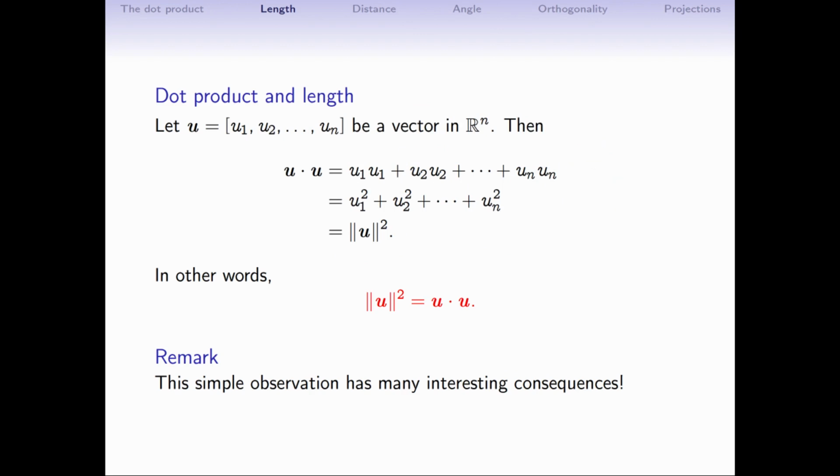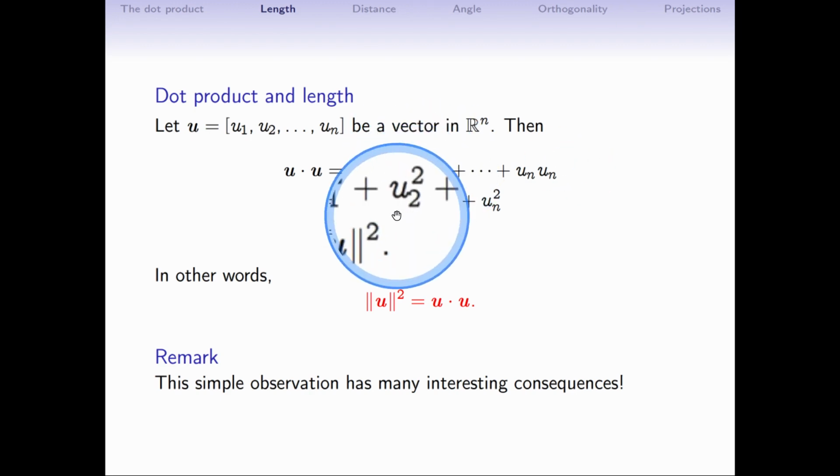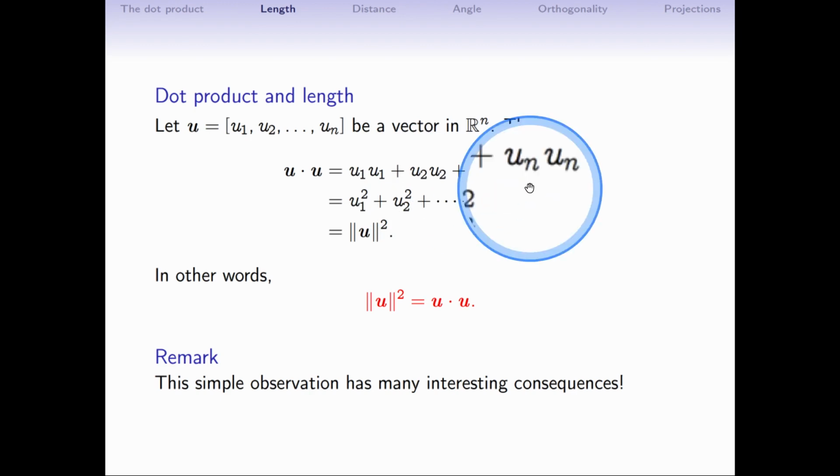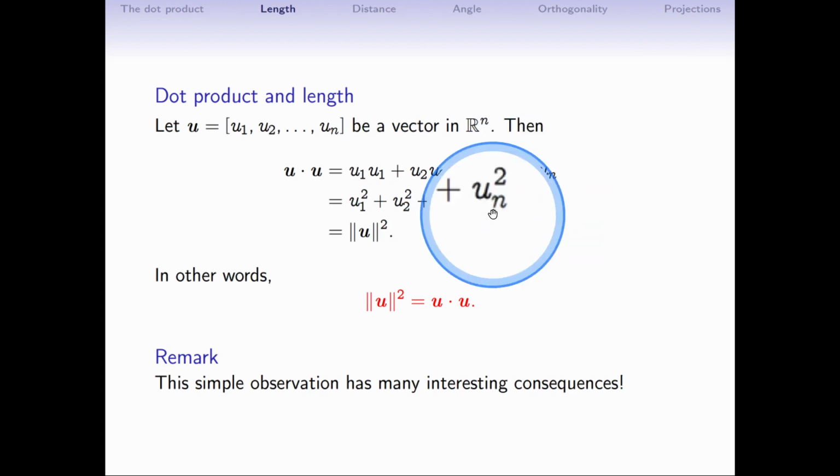Now, this simplifies greatly because u1 times u1 is just u1 squared, and u2 times u2 is just u2 squared, on out to un times un is un squared. So we see that when I take the dot product of a vector with itself, I'm simply getting the sum of the squares of the components. And we will easily recognize that as the square of the length of the vector u.